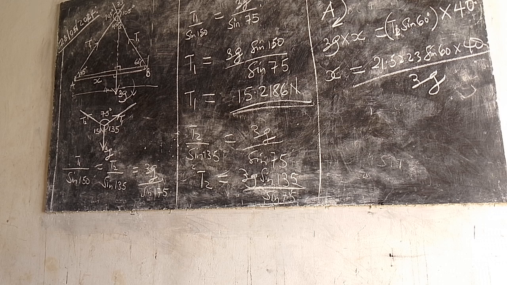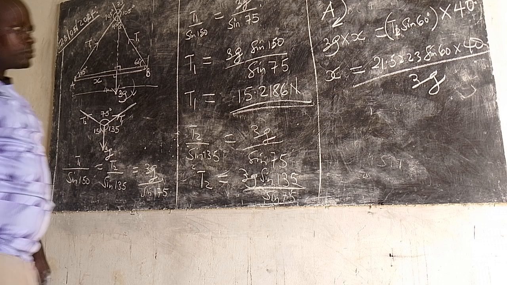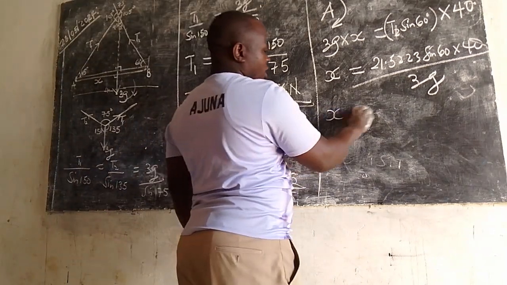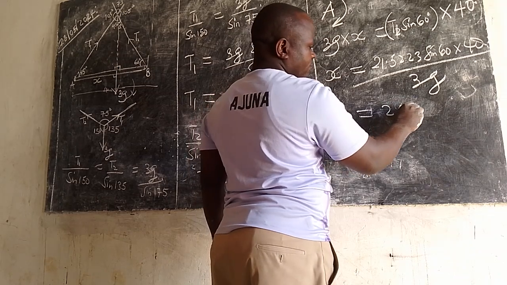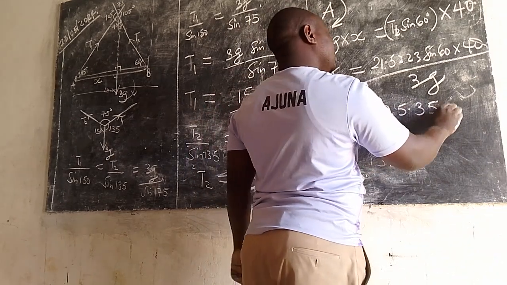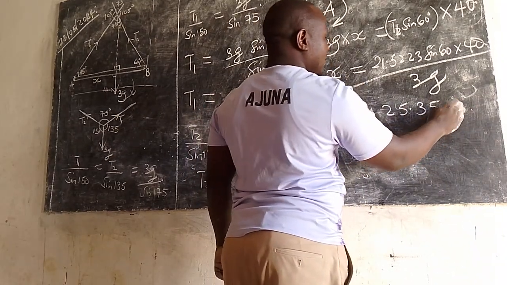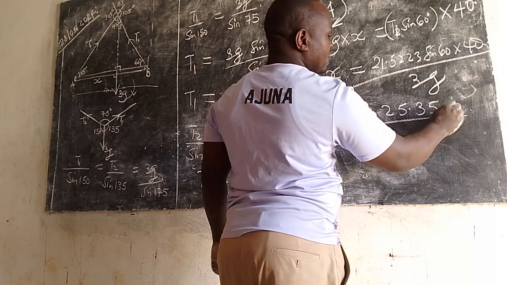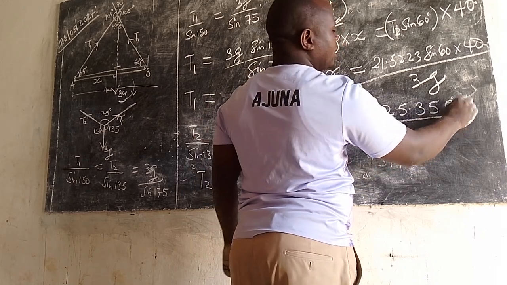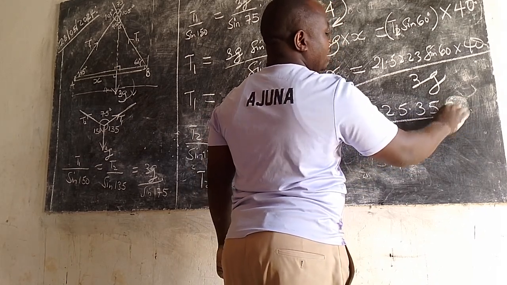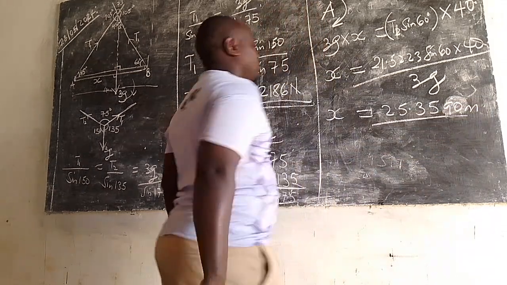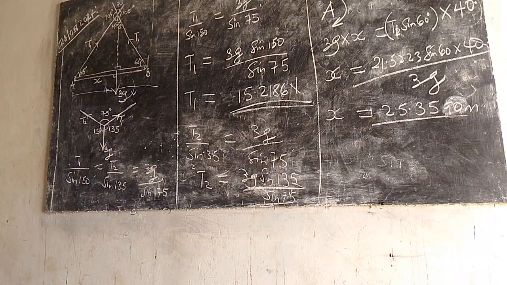What do we get? You get 25.35 meters, about 25.3590.